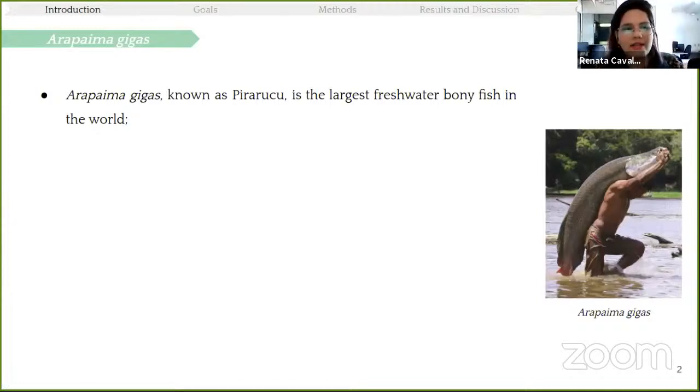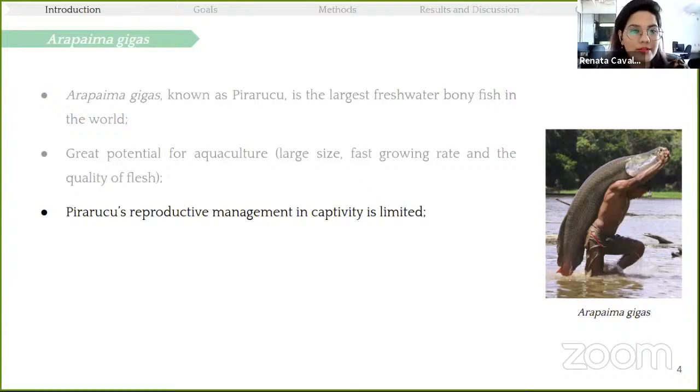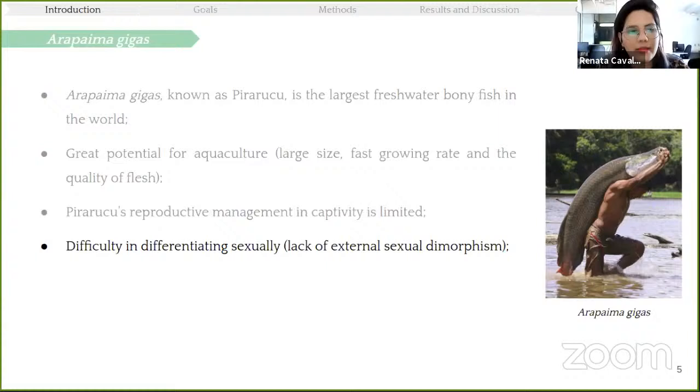Arapaima gigas, or Pirarucu, is the largest freshwater fish in the world, and this species has great potential for aquaculture because of its large size, fast growth rate, and the color of the flesh. However, Pirarucu reproductive management in captivity is limited, essentially because of the difficulty in sexually differentiating this species, because of the lack of external dimorphism in these individuals.